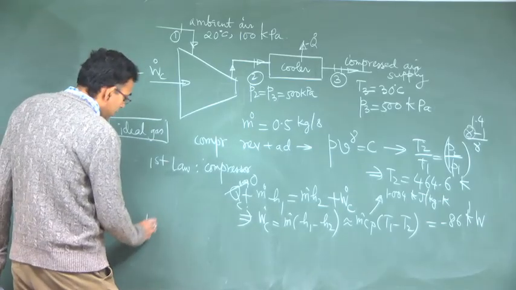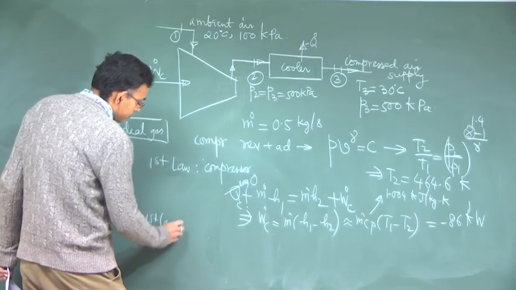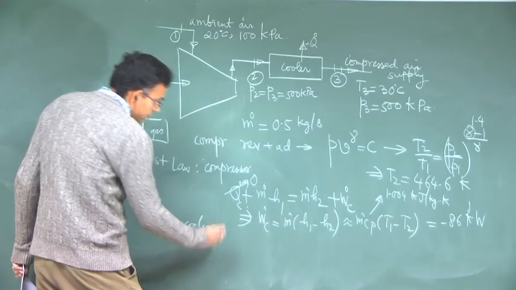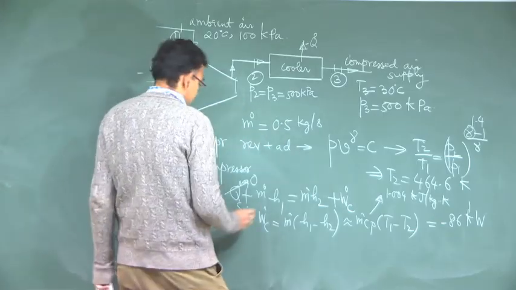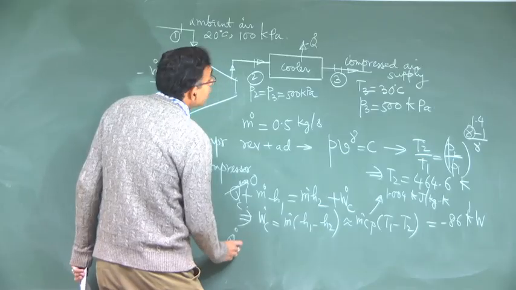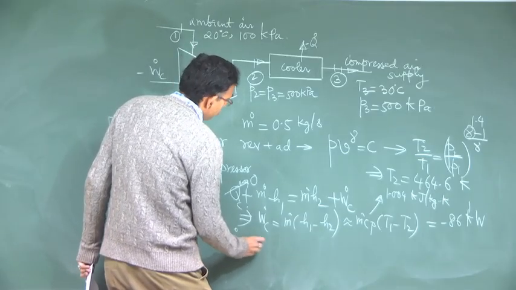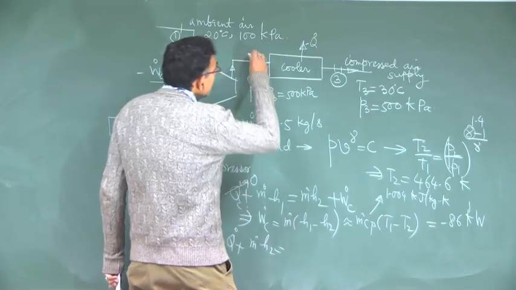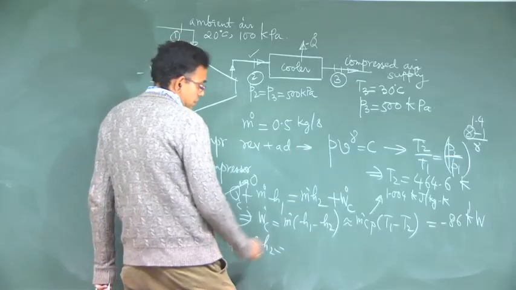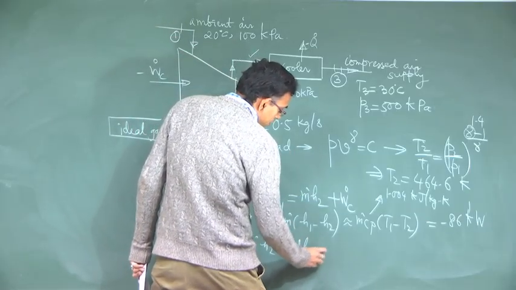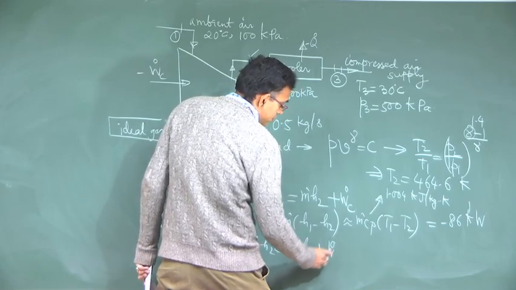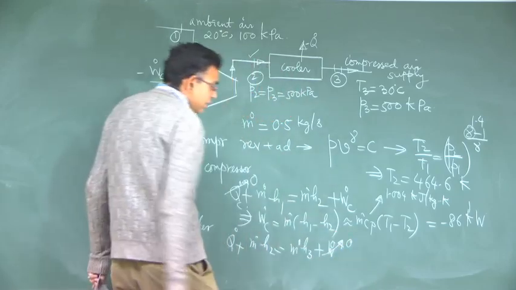So, now you apply the first law for the cooler. So, Q dot plus m dot into H2, here the inlet is 2, is equal to m dot into H3 plus W dot. There is no work for the cooler.